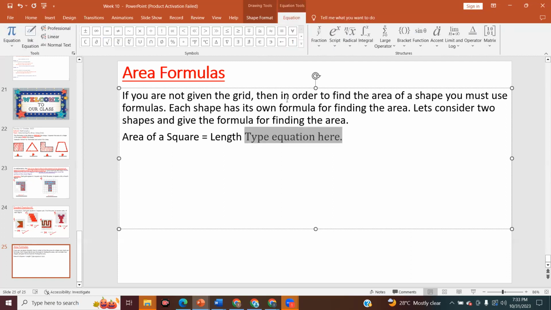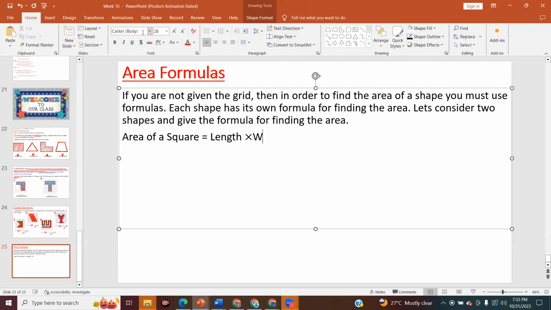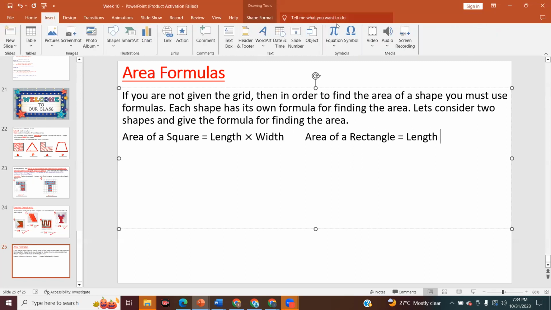The width. And for the rectangle, the area of a rectangle is equal to the length of the rectangle multiplied by the width of the rectangle. It's important to note that the length is the longest side and the width is the shortest side. So just keep that in mind.